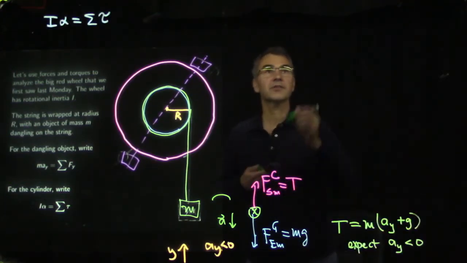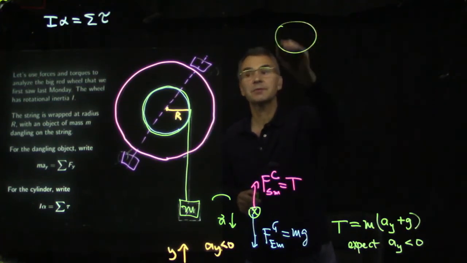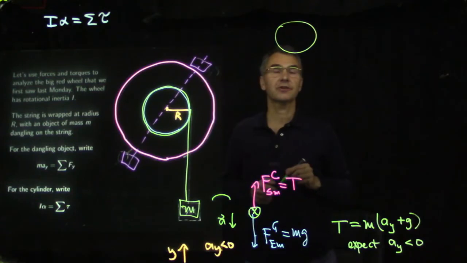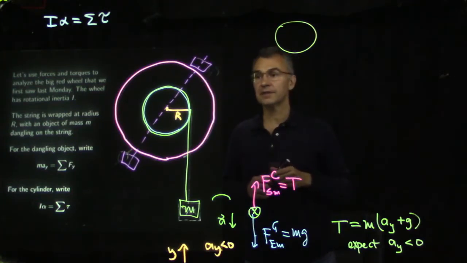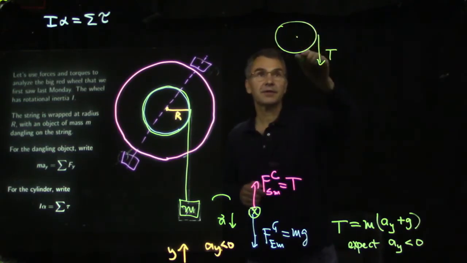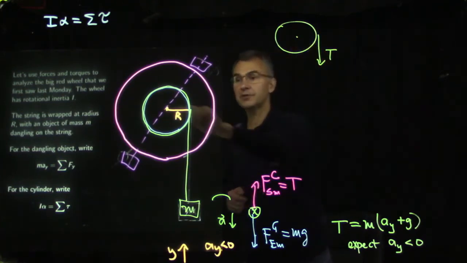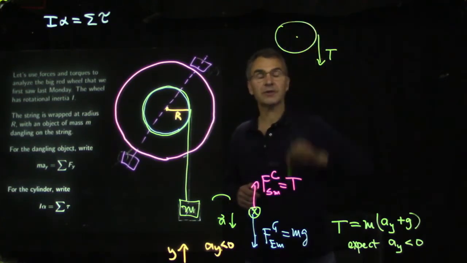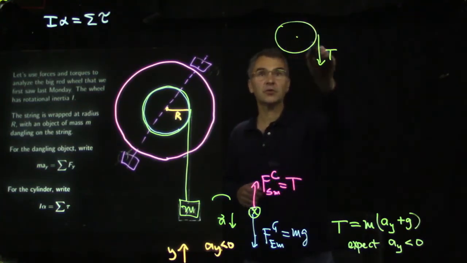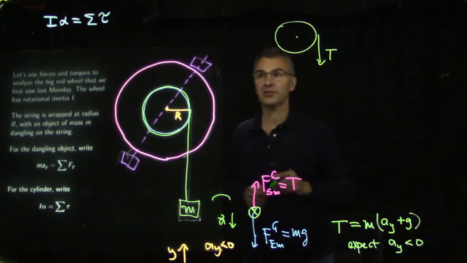Now let's draw an extended free body diagram of the wheel to work out the angular acceleration of the wheel. Really, I think the only force that matters is the tension. There is a weight, but the axis of rotation is the axle through the middle of the wheel, so the weight of the wheel doesn't matter. It's going to have 0 lever arm. So I think the only torque that matters is the tension in the string times its lever arm.